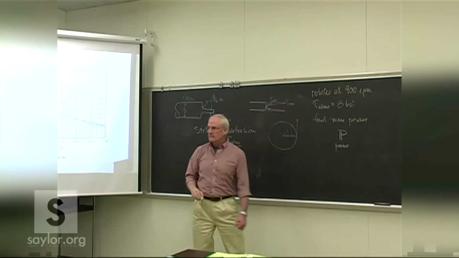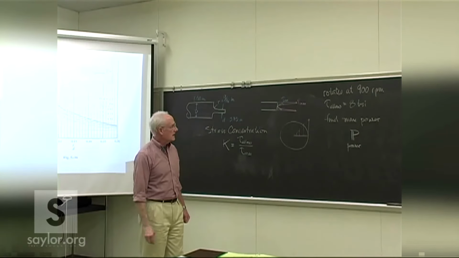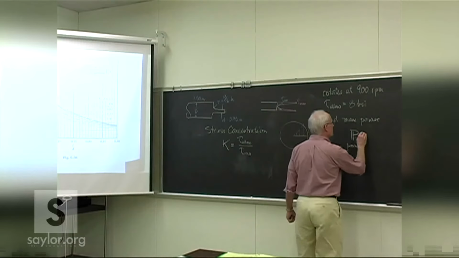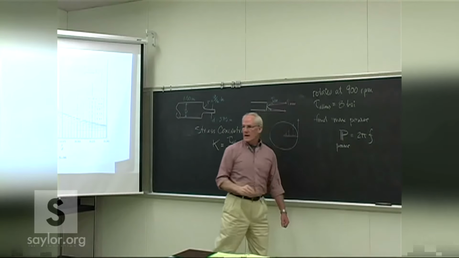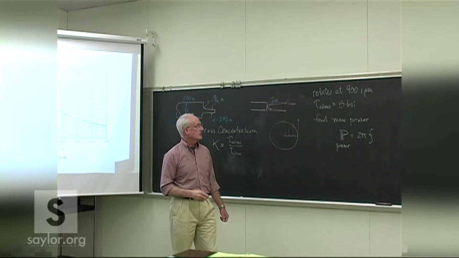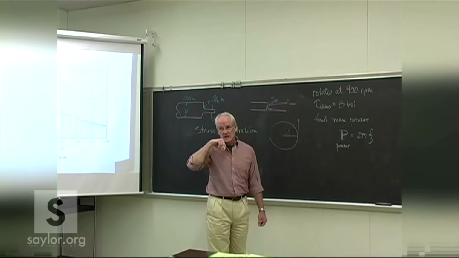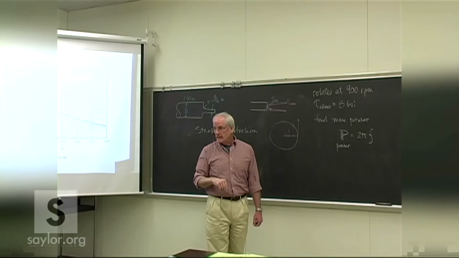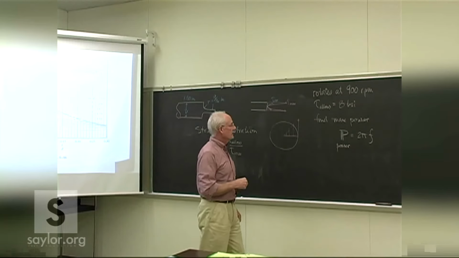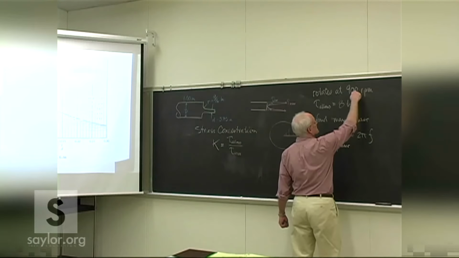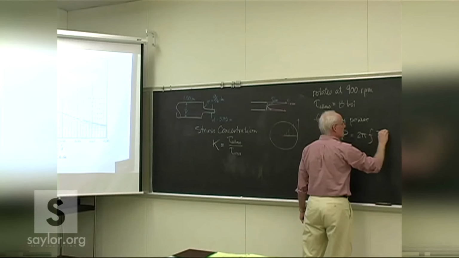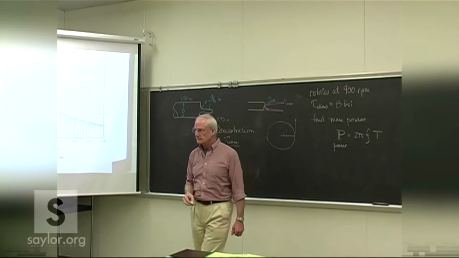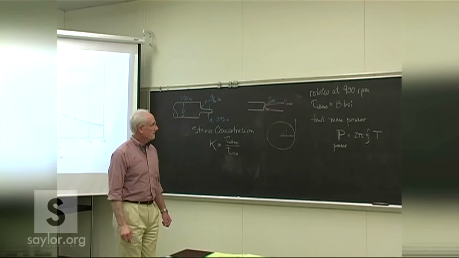The power from a rotating loaded shaft of this kind is 2 pi f times T, where f is the frequency of rotation, the engineering frequency, not the angular frequency. So it's essentially this number in per seconds rather than per minute.